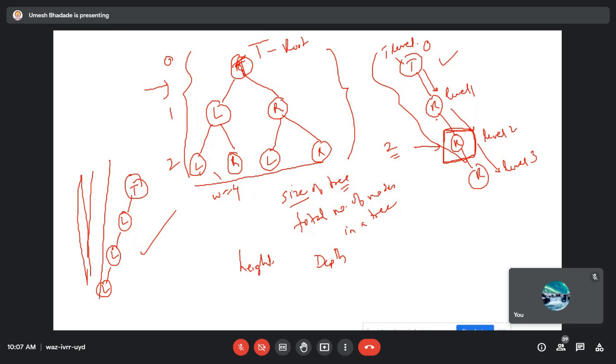So now what I will do, I will stop here, and from the next lecture we will start the implementation of our trees. That how the trees are created, how to find out the height of the tree, how to find out the depth of the tree, how to find out the size of the tree.